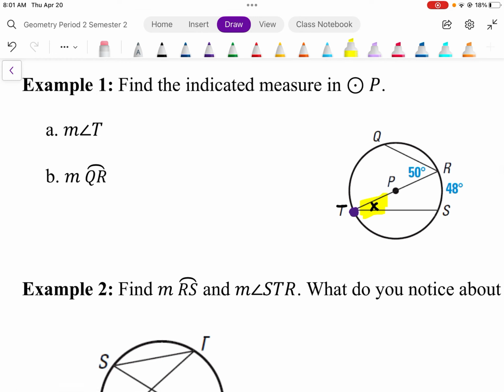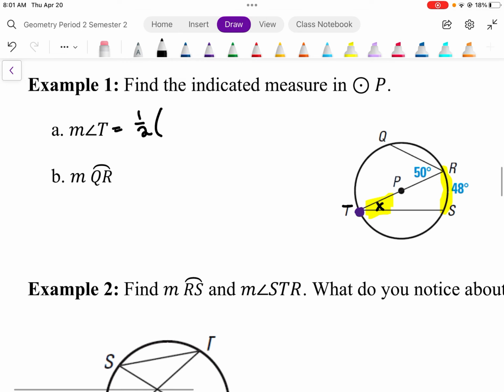And we know the measure of the intercepted arc is 48. So because we're looking for the angle, that is going to be 1/2 of the arc measure of 48. And if we take half of 48, that's going to be equal to 24. And it's an angle, so don't forget to label it with degrees.